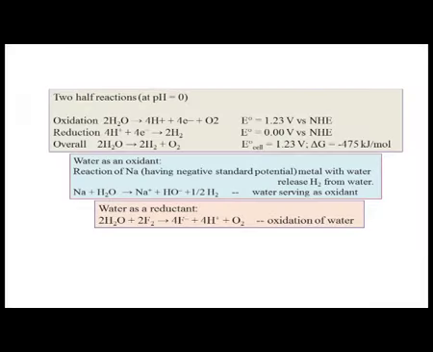The textbook example for water as a reductant is that we get 2H2O plus 2F2 giving 4F minus, 4H plus and O2. So, this is a typical example of oxidation of the water molecule, where fluorine is the oxidizing agent.